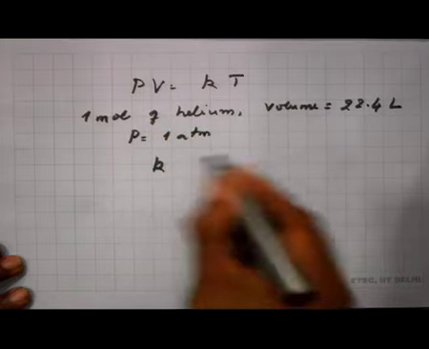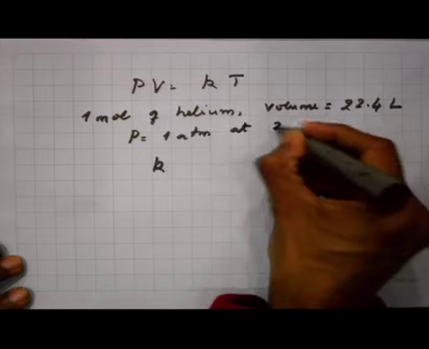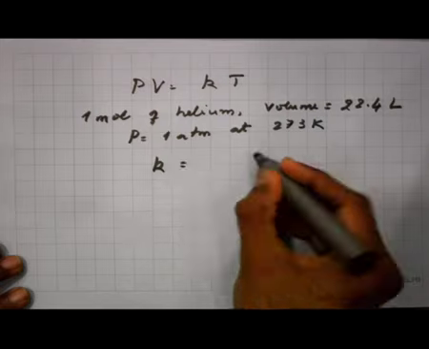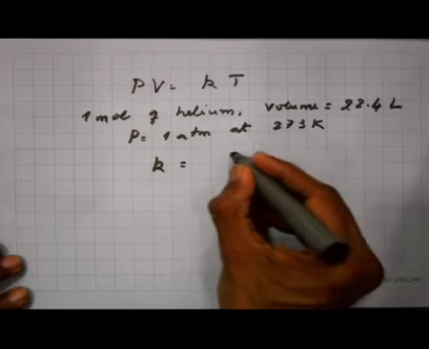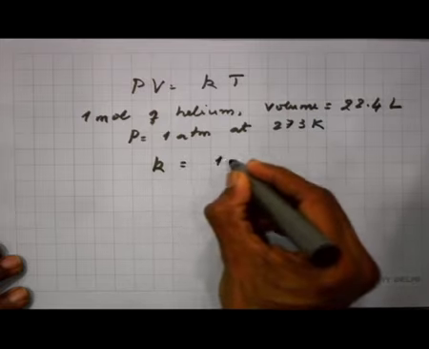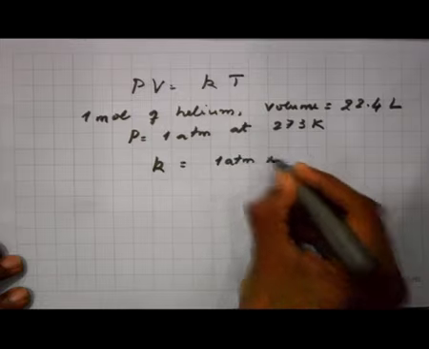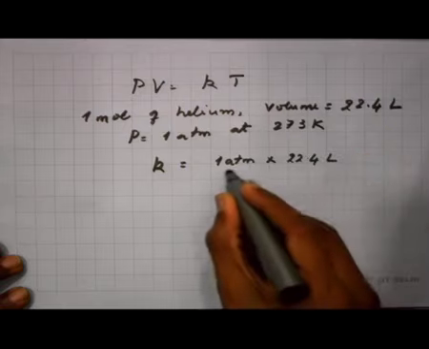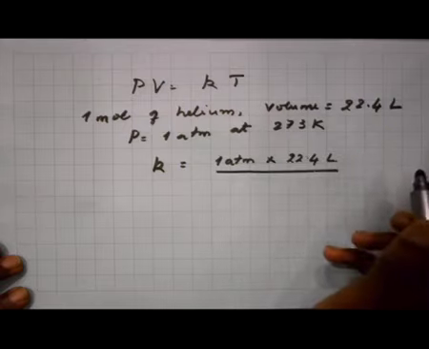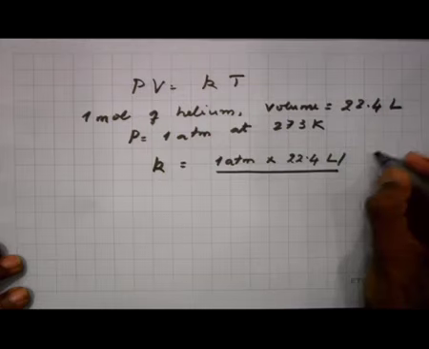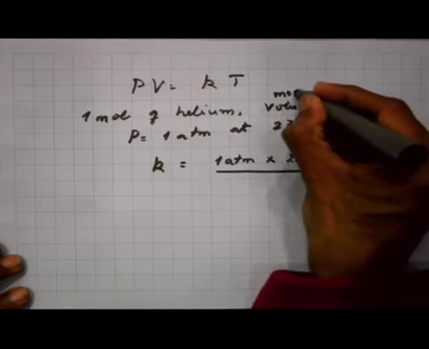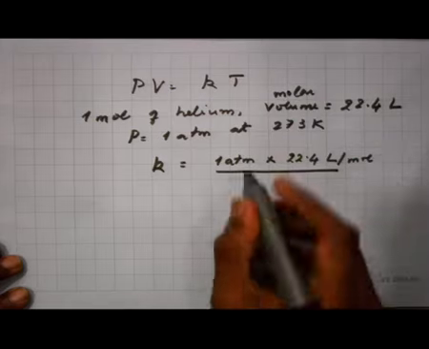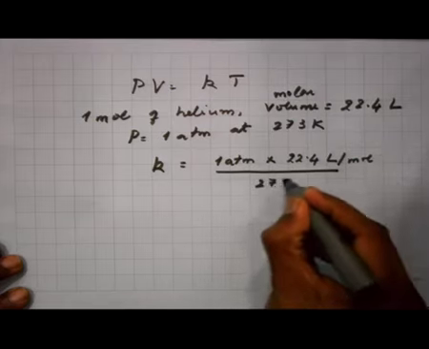So, then at 273 Kelvin, if you work this out, this PV product is 1 atm times 22.4 liters per mole, that is the molar volume, at 273 Kelvin.